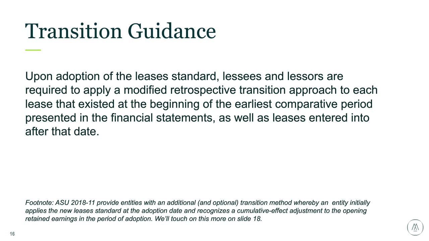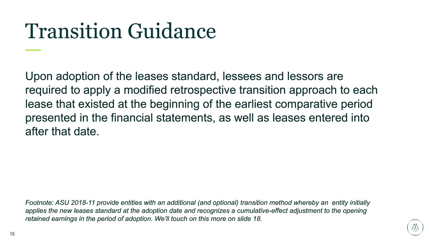So essentially, you would have to adopt the standard and then go back into the prior period for comparative purposes and record that right-of-use asset and the lease liability and add all the footnote disclosures in the prior year being presented with the year that you're adopting it.